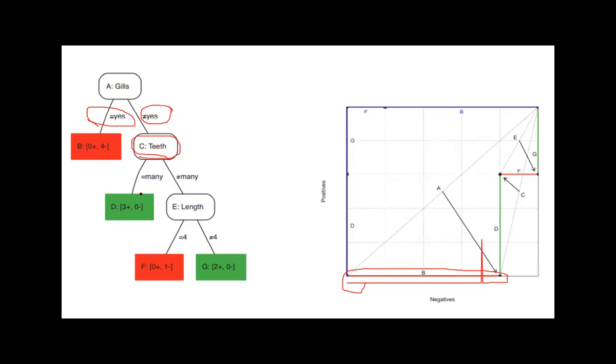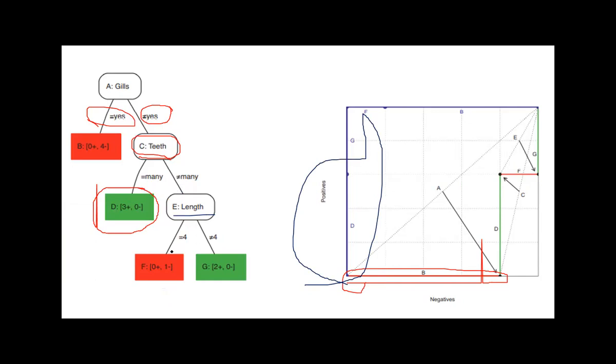If it is many, then we end with a pure D. This is pure D. Similarly, if not many, few, now we are checking length.